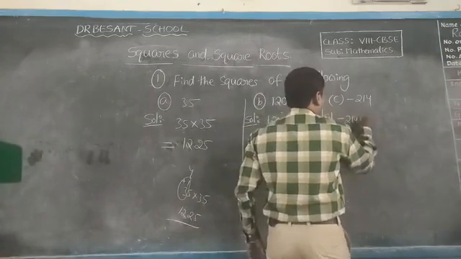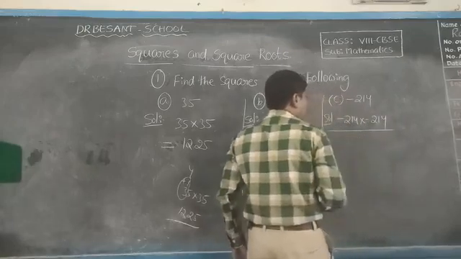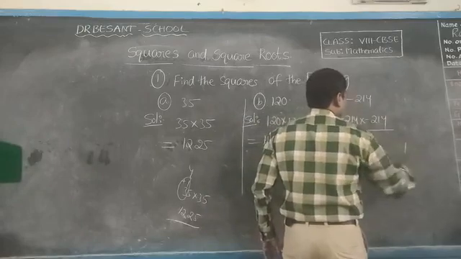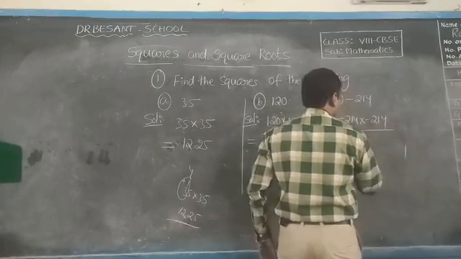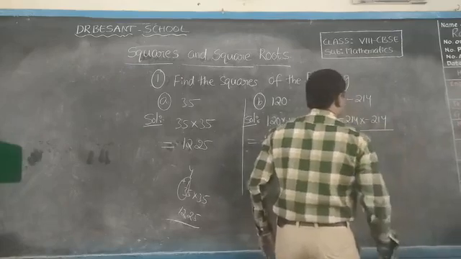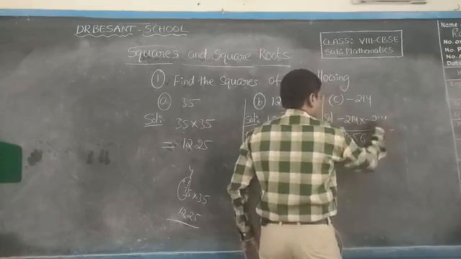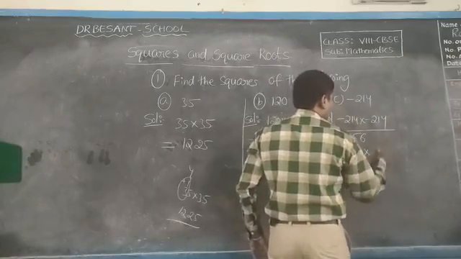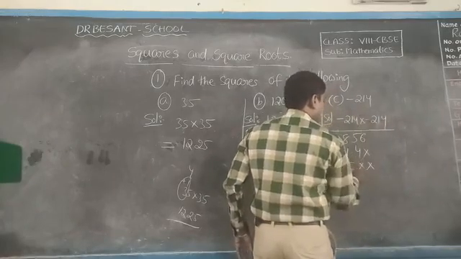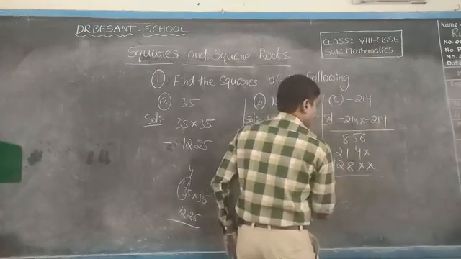Okay. Next, minus 214 into minus 214. So 4 fours are 16, write 6 and carry 1. 4 ones are 4, 4 plus 1 is 5. 4 twos are 8. Okay, next, 1 four is 4, 1 one is 1, 1 two is 2. Next, 2 four is 8, 2 one is 2, 2 two is 4.